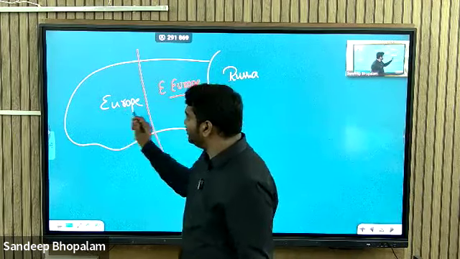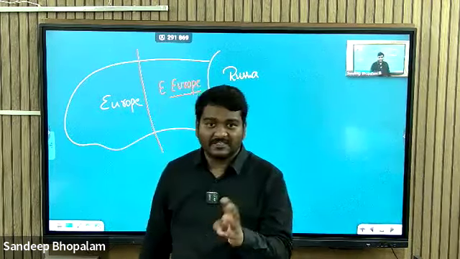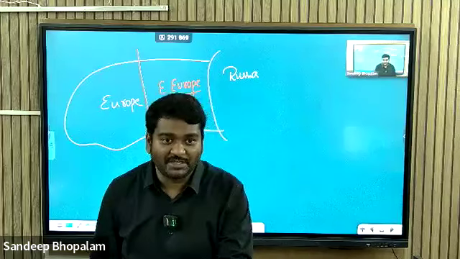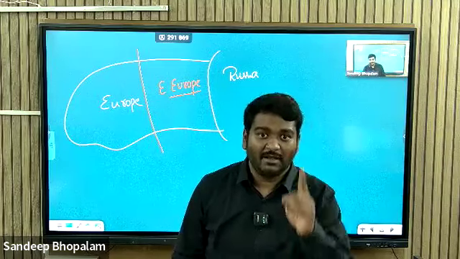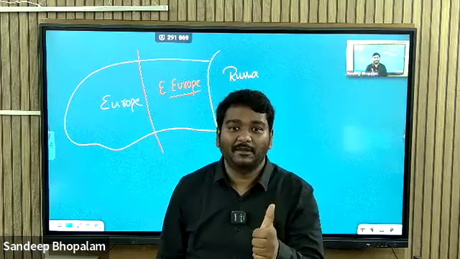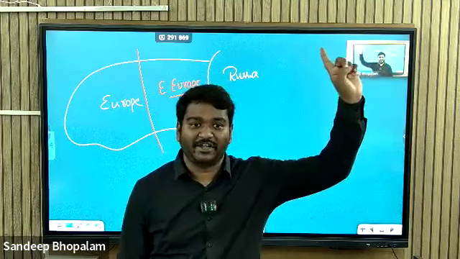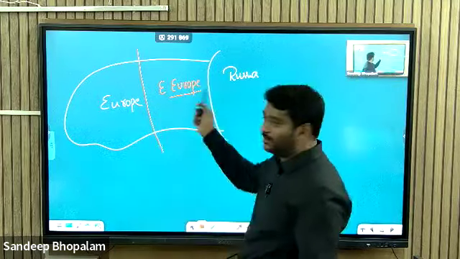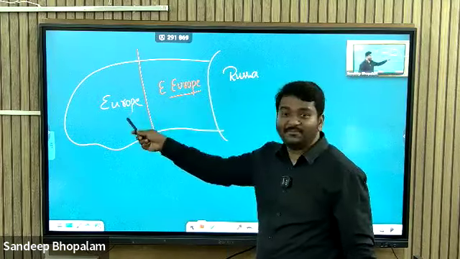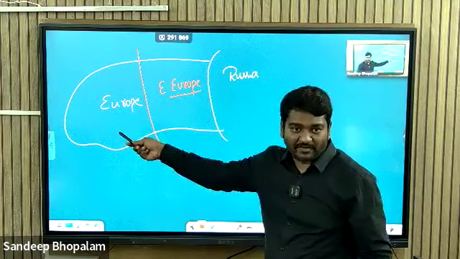Whereas Western Europe, where Spanish, Portuguese, French, German, UK. Who are these people? These were colonies once upon a time. And they did not want to go for socialism. Capitalism came from this region. From which region?